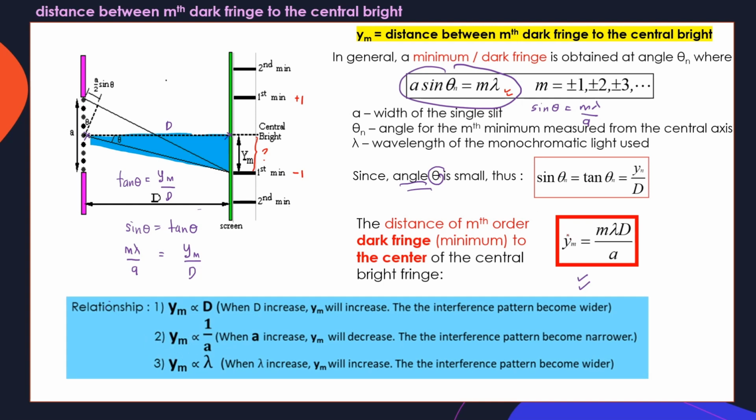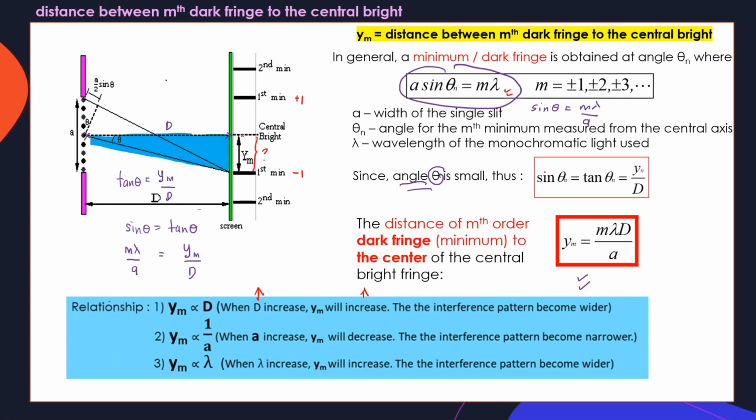If you look at this equation, we can relate y_m and lambda, y_m and D, y_m and a. So y_m and D are directly proportional. When D is increased, y_m also increases, which means that the interference pattern will become wider.